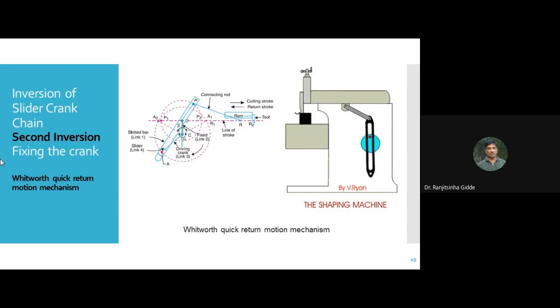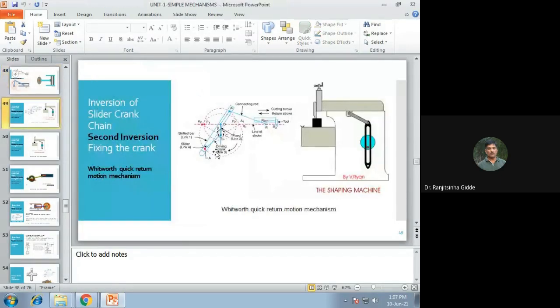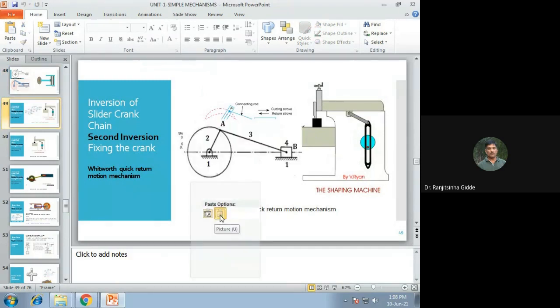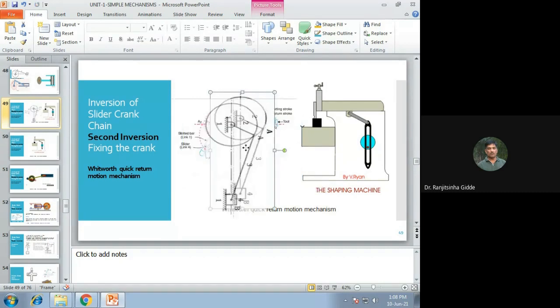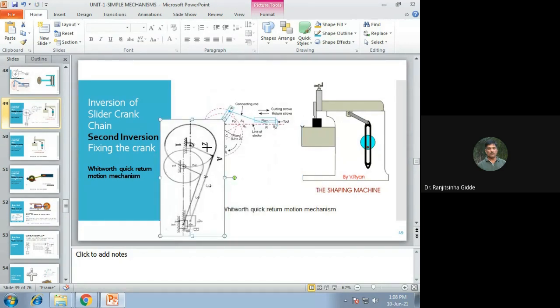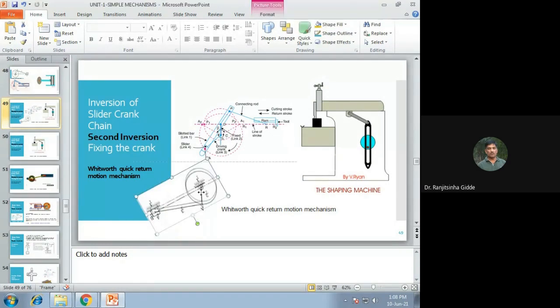Here I would like to show the first one once again. This diagram I would like to shift here, so that you will have an understanding with respect to the first one. And I'm rotating this figure for your understanding. Okay.